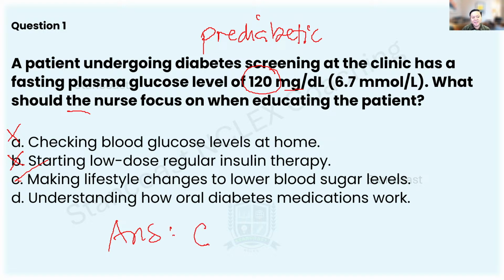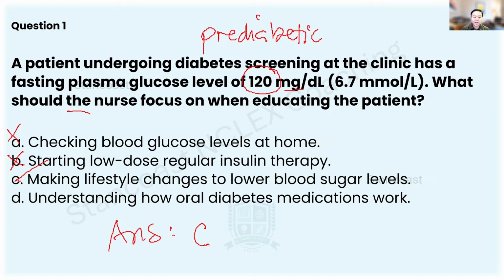If you had selected letter D, understanding how oral diabetes medications work, again, this is already in the action or implementation phase. I mean, you're educating this time, right? But these are the oral hypoglycemic drugs that are going to be prescribed in those patients that are already diabetic, not for patients who are pre-diabetic.